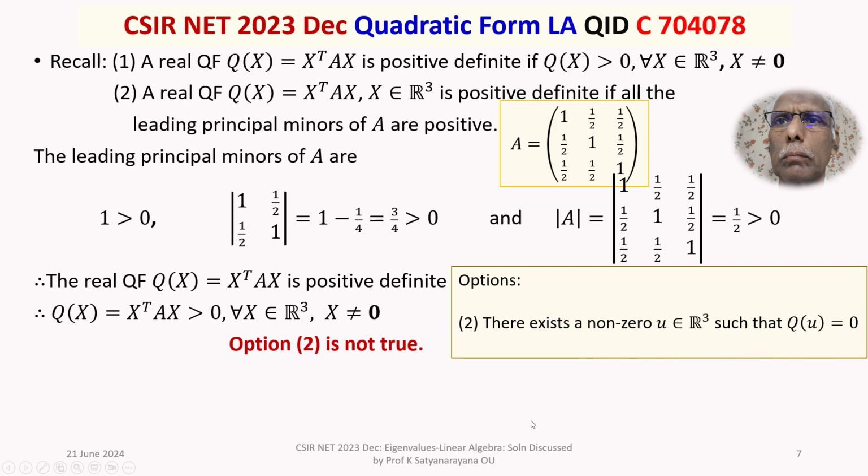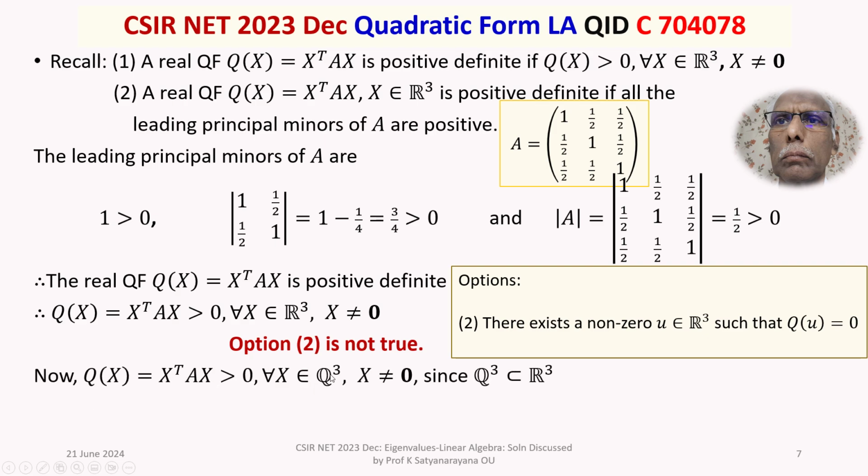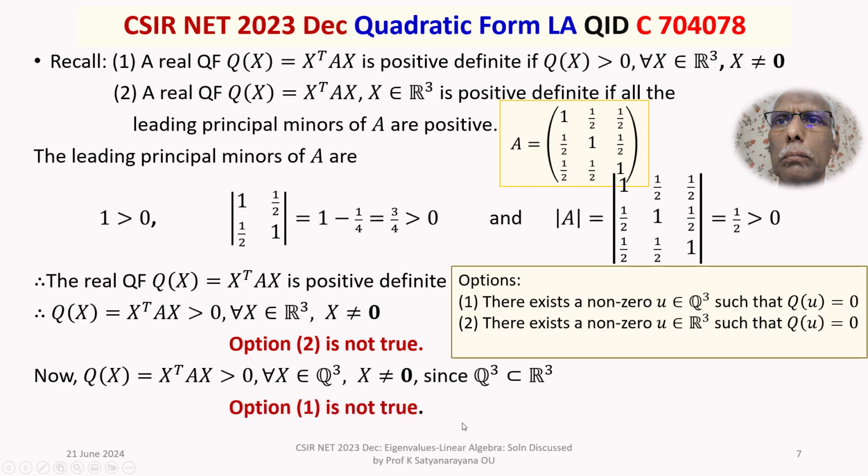So Q of X is equal to X transpose AX, which is greater than 0 for all X belongs to Q cube when X is not equal to 0, because Q cube is contained in R cube. When X belongs to R cube, Q of X is greater than 0. So option 1 says there exists a non-zero U belongs to Q cube such that Q of U is equal to 0. This is not true. So option 1 is also not true. So far options 1 and 2 are not true, and option 4 we have already seen is true.